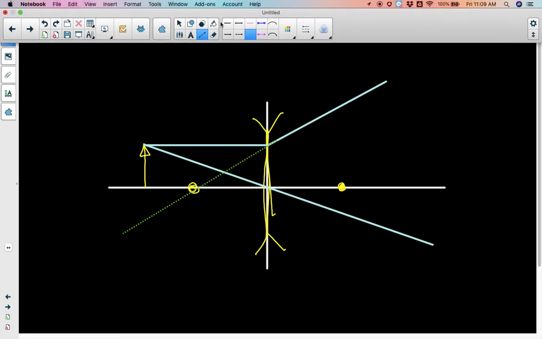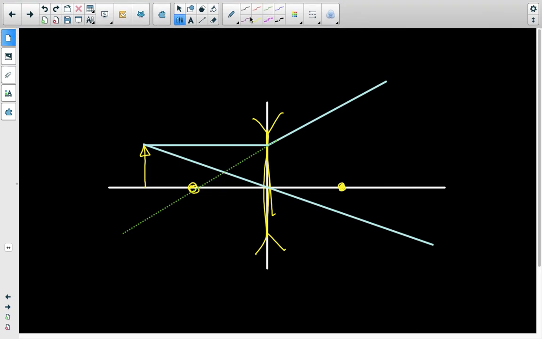Now you can see where it intersects. And where it intersects is right here. So I'm going to put the tail of the arrow here and the tip of the arrow there. So what happens is you have a much smaller upright virtual image. Virtual, upright, smaller.